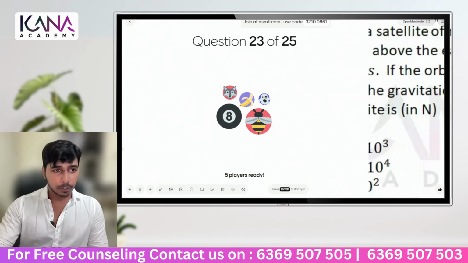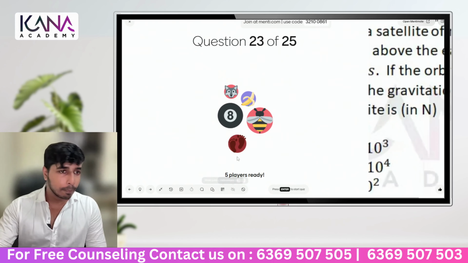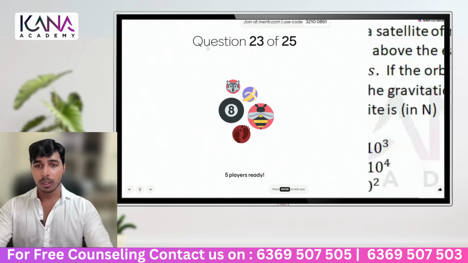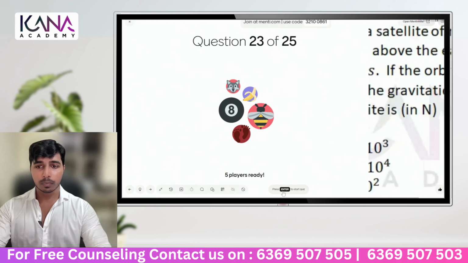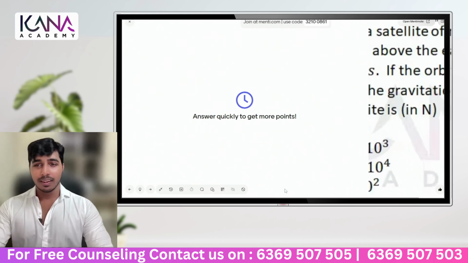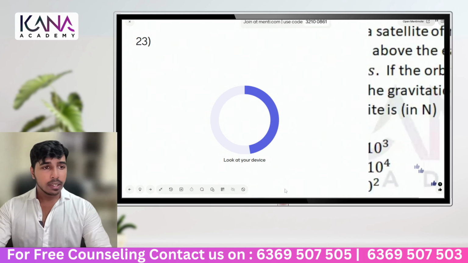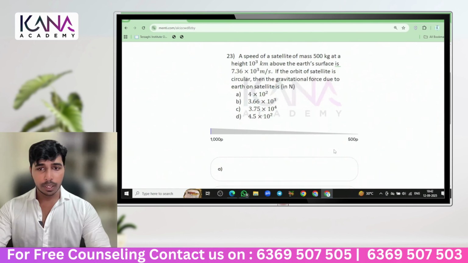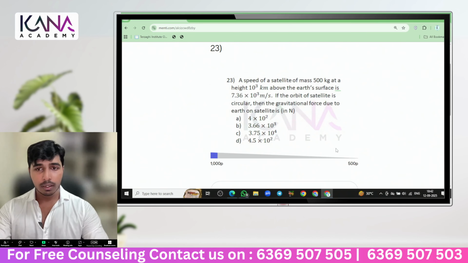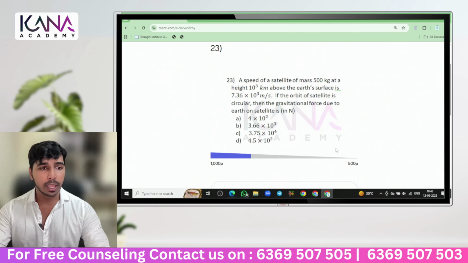Twenty-third question out of 25 MCQs. Okay, I'll start reading. The speed of a satellite of mass 500 kg at a height of 10 to the power 3 kilometer above the Earth's surface is 7.36 into 10 to the power 3 m/s.